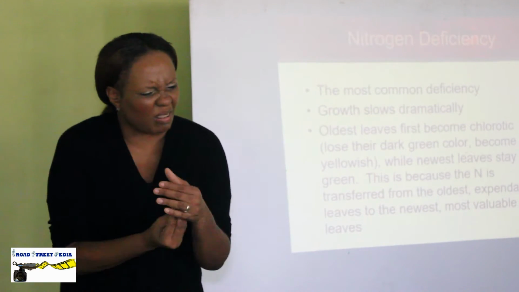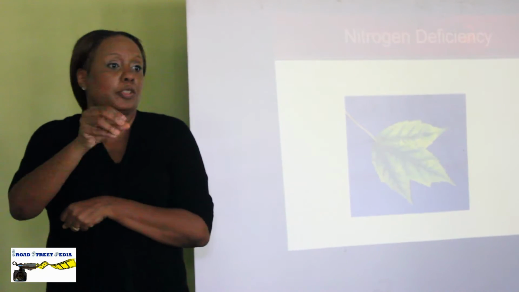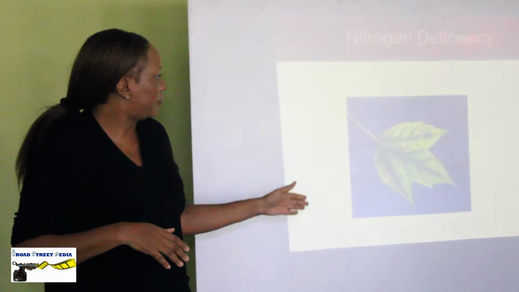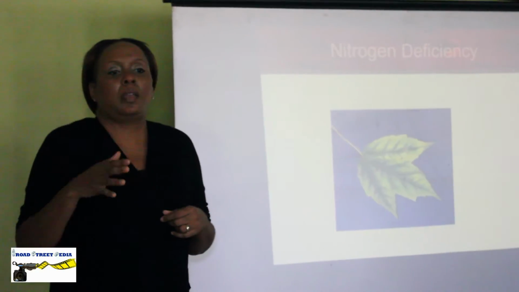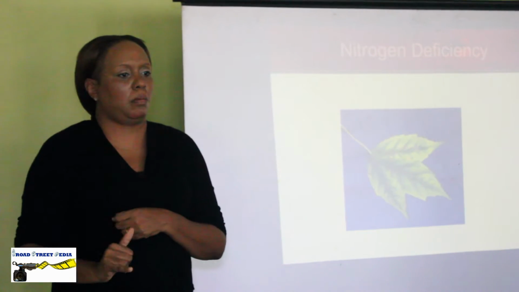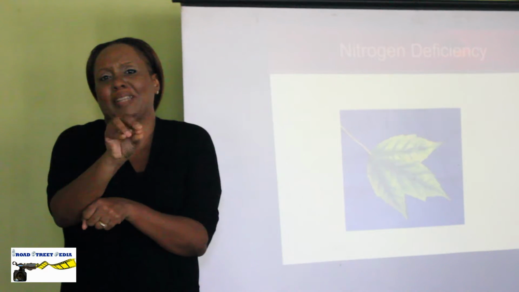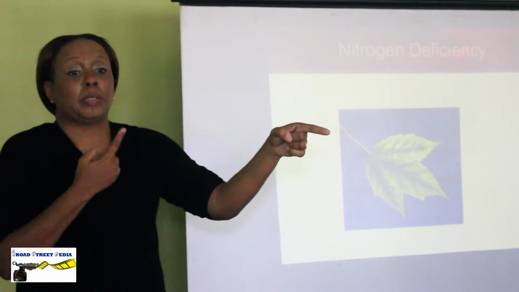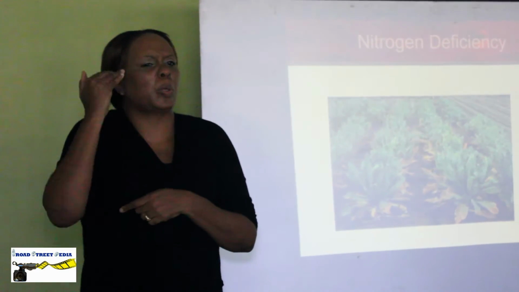The next slide will show what the leaf will look like. If you look at the leaf, instead of seeing that green leaf, you will see a yellowing of the leaf. And this signifies that the plant is lacking nitrogen, which is very important. As Don said before, the plant will tell you what is lacking, and this sign is lacking nitrogen.